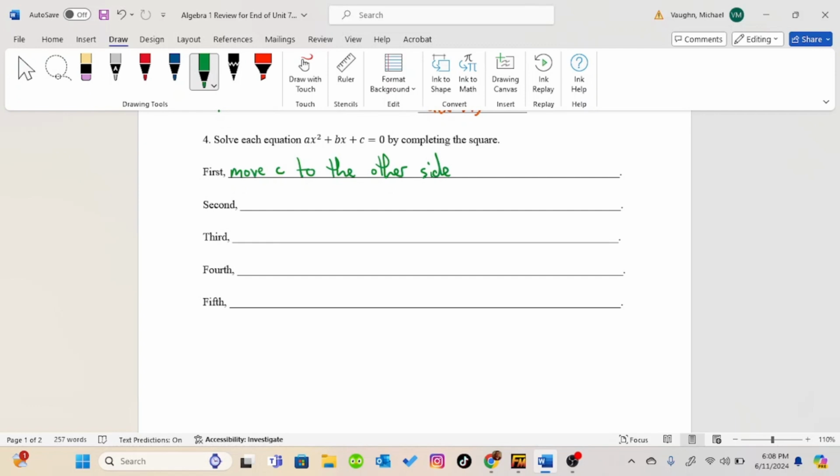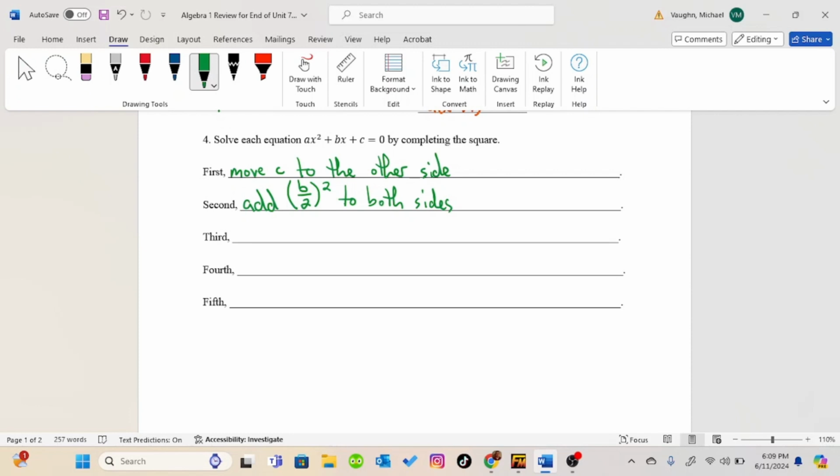Second, add b divided by 2, squared, to both sides.